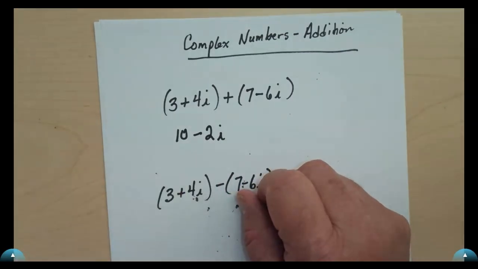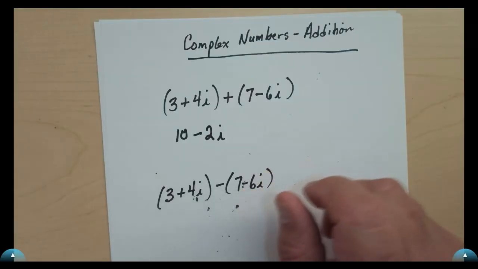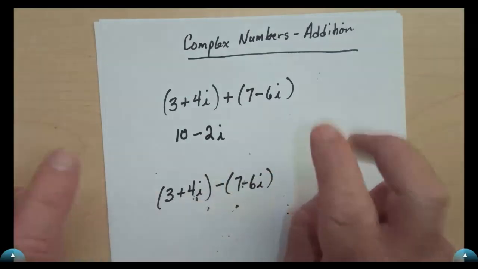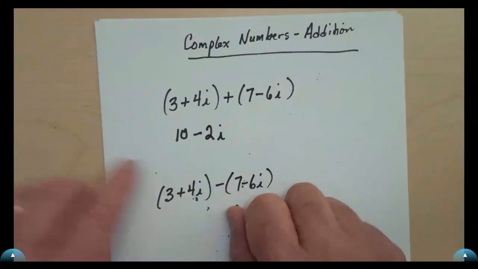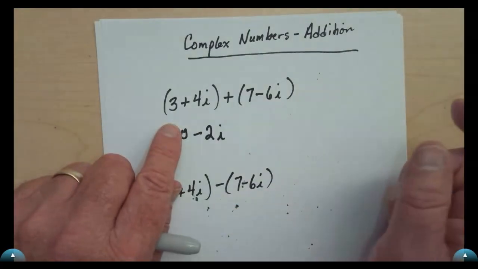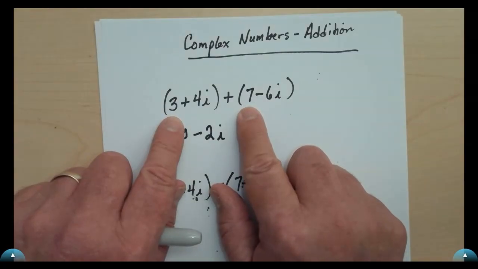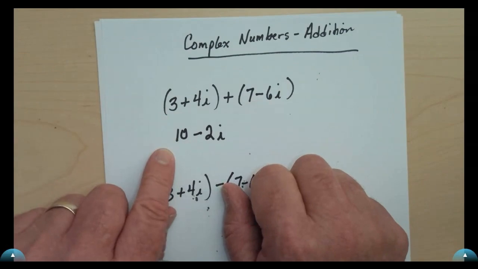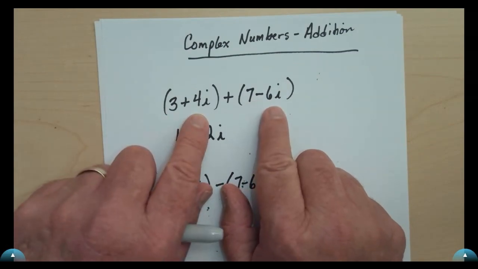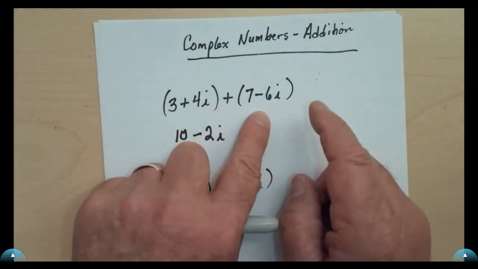So you see what I mean when I say kind of intuitively, you sort of already know what to do. You can think of it like combining like terms. Technically, we should think of it like combining like parts. We're going to combine the real parts. So the real parts of the numbers, 3 and 7, we're going to add those. 3 plus 7 is 10. Then we're going to combine the imaginary parts. 4i minus 6i.